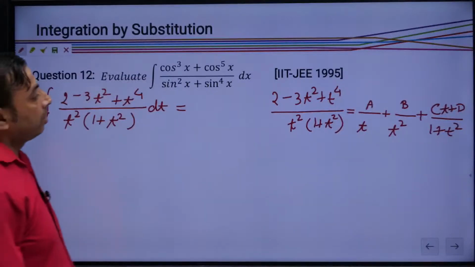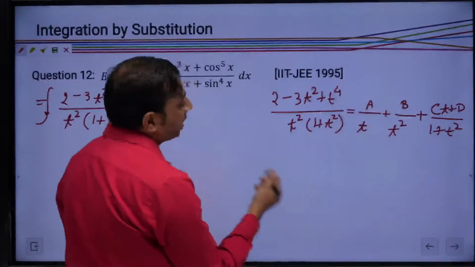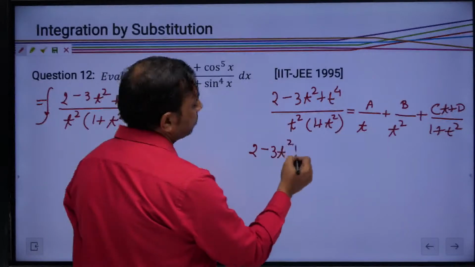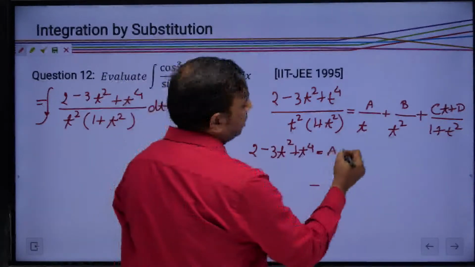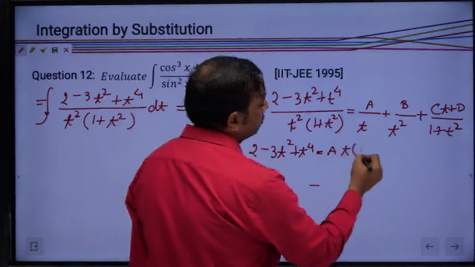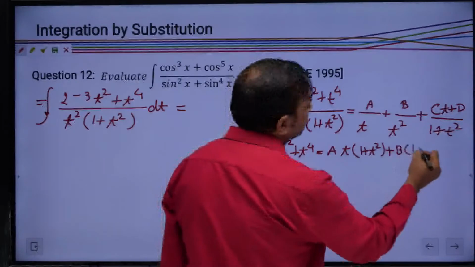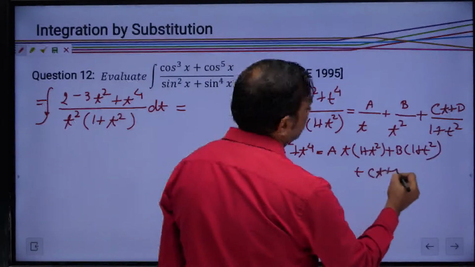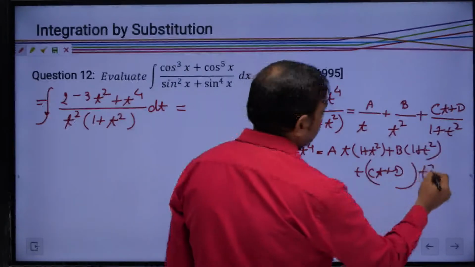So what we do in this case for the partial fraction technique: 2 minus 3t square plus t4 equals, on the right side, a into t into (1 plus t square), then with b we have only (1 plus t square), and with (ct plus d) we have t square.